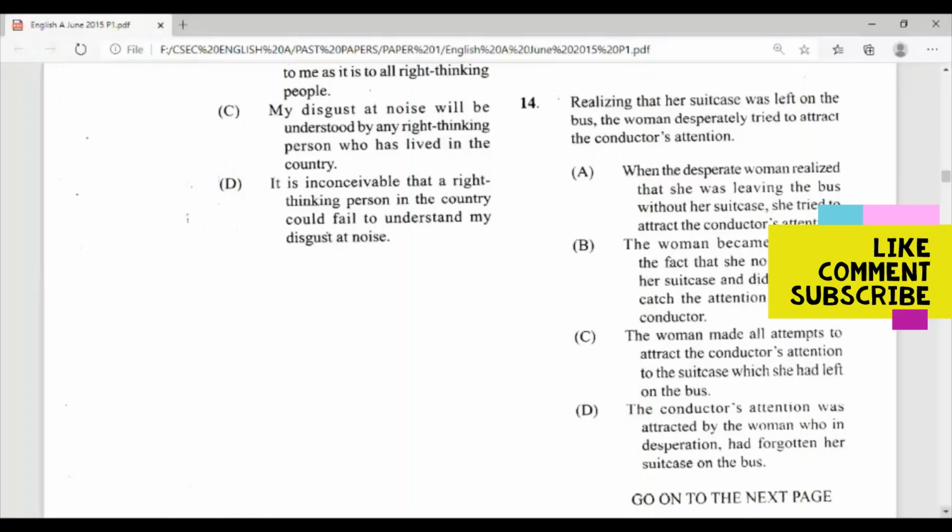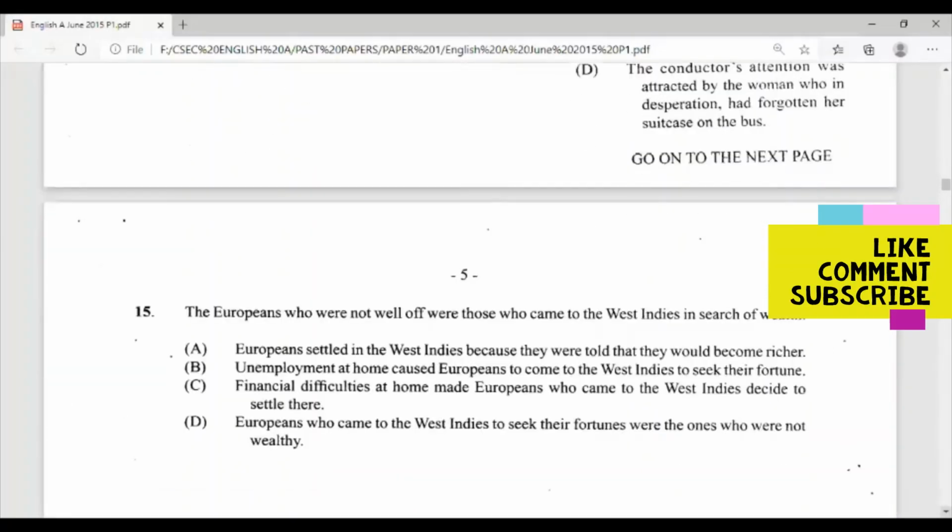So C and D are off. We're really left with A and B. And so A, we're saying is off because she was leaving, when the original sentence would suggest that she actually did leave it on the bus. So we're going to go with B. She did not have her suitcase on her, and so she really tried to get the attention of the conductor. So B is our answer.